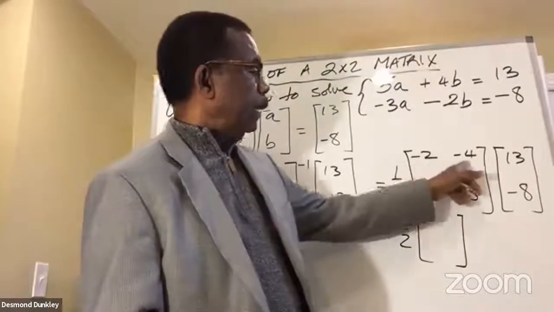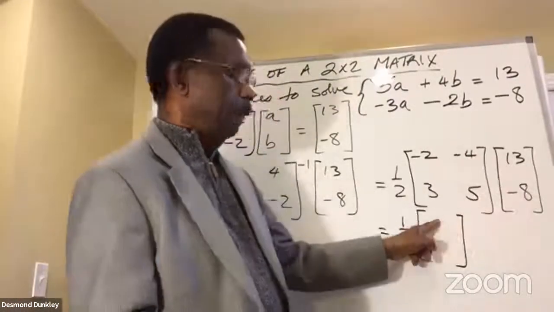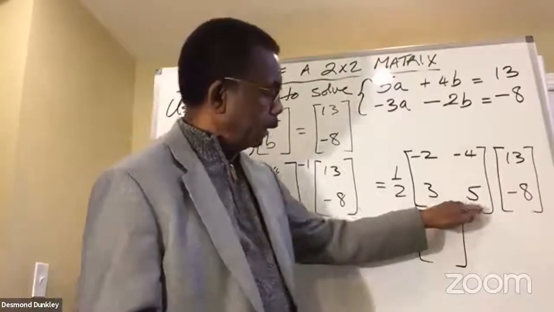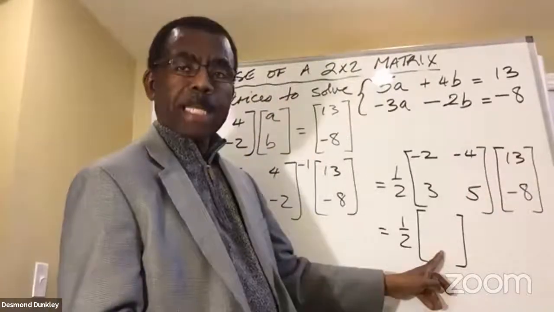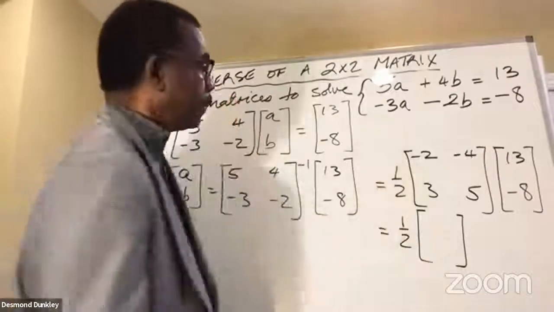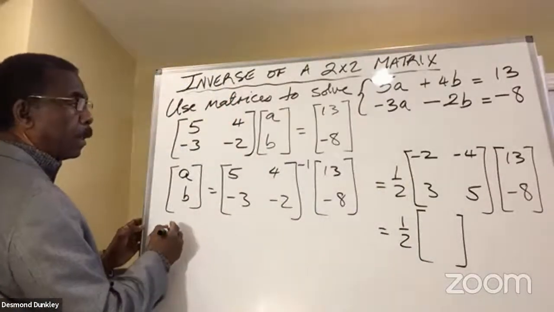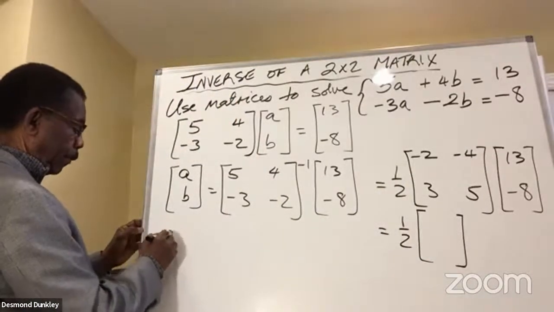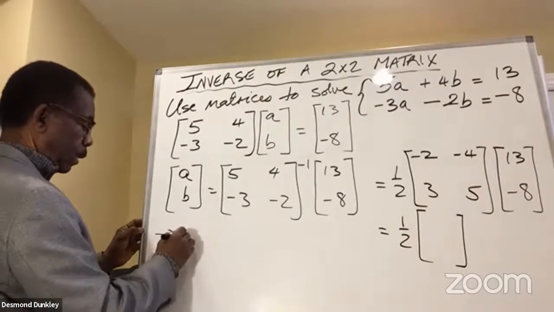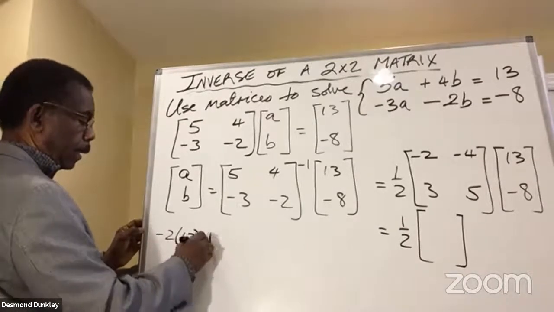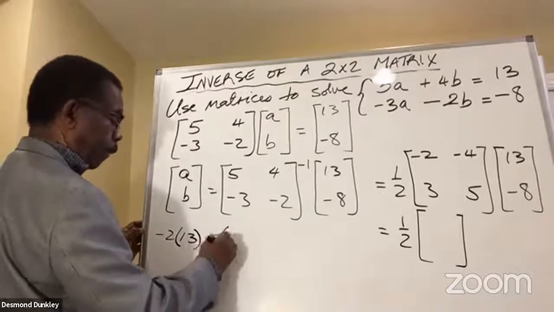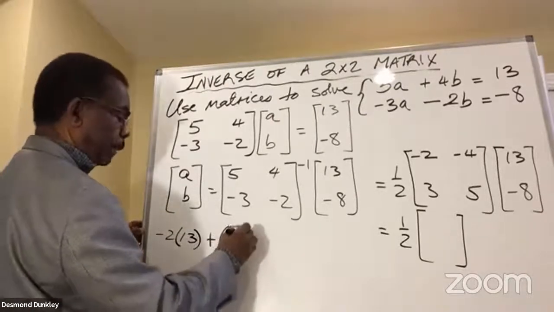So it's going to be this times this gives me the first entry. Then this times this gives me the second entry. Okay? So here we go. It's going to be negative 2 times 13 plus negative 4 times negative 8.